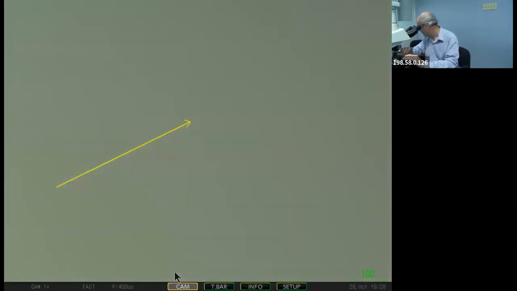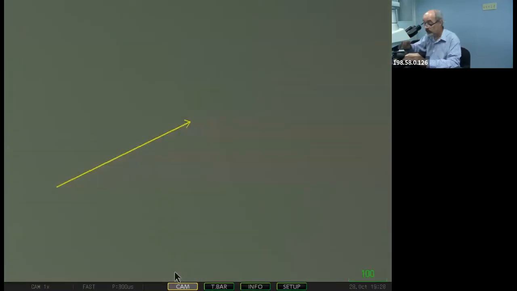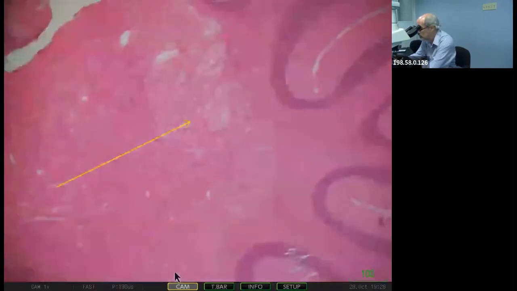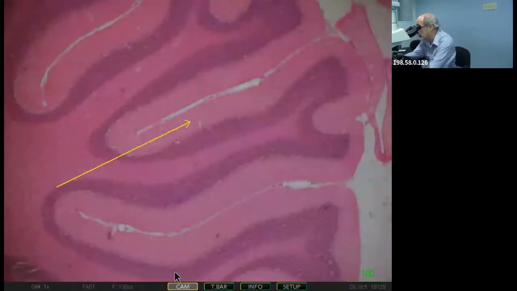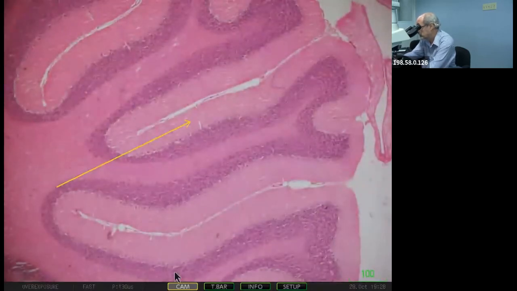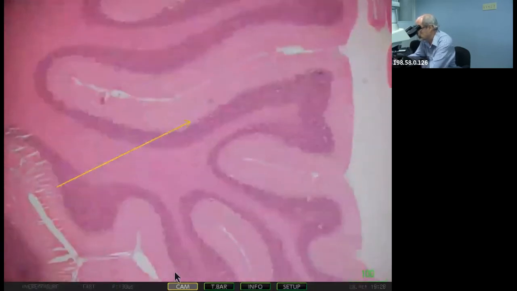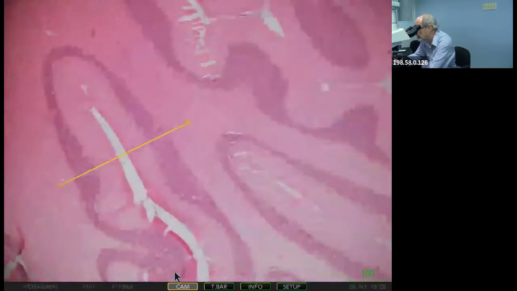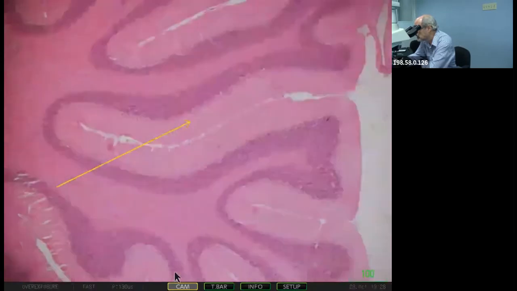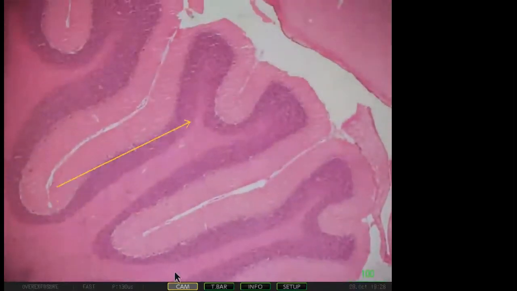So, second thing, what organ is that one? What do you think it is? Brain?